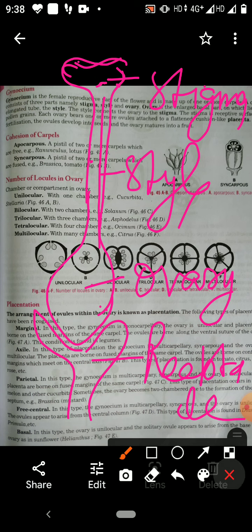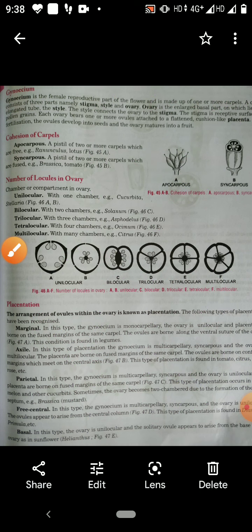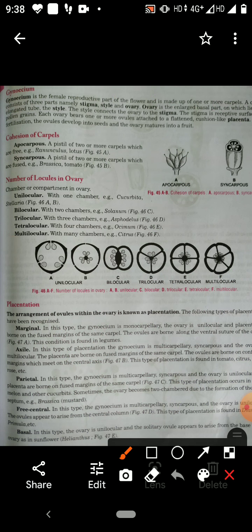So children, I told you gynoecium is made up of one carpel or many carpels. If it is one carpel, then monocarpellary. If there are many carpels, then multicarpellary.